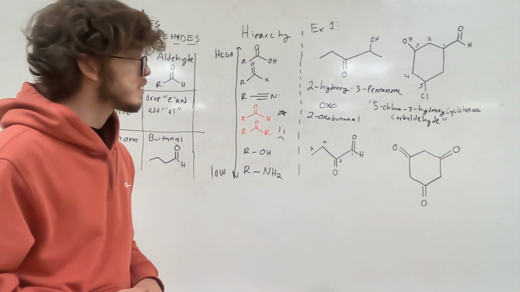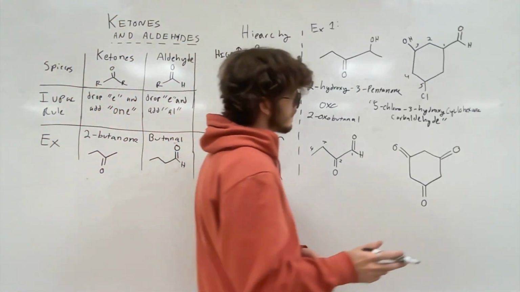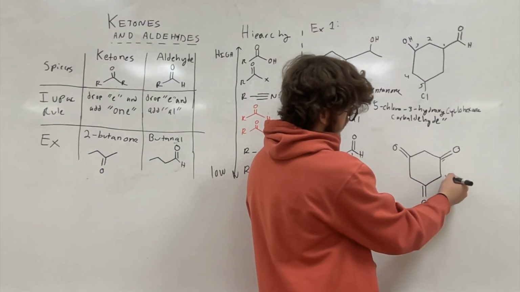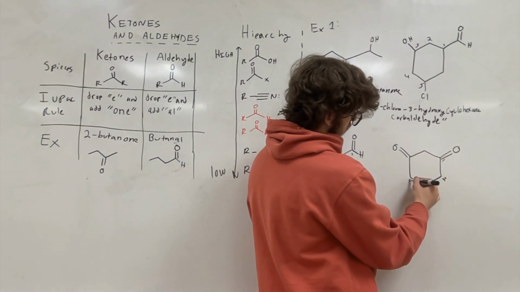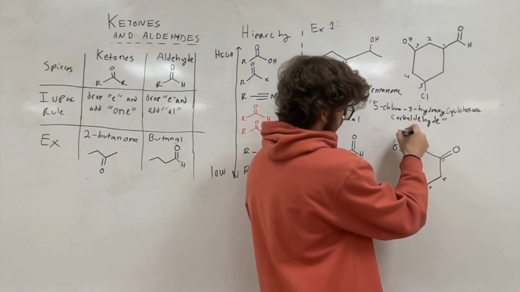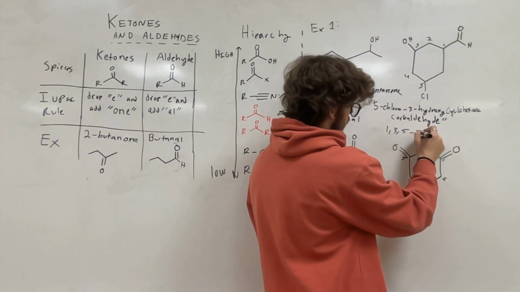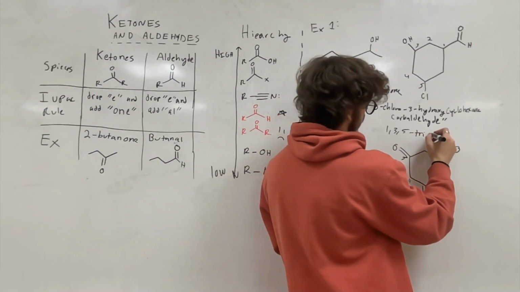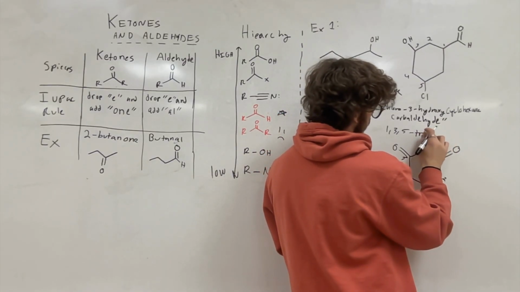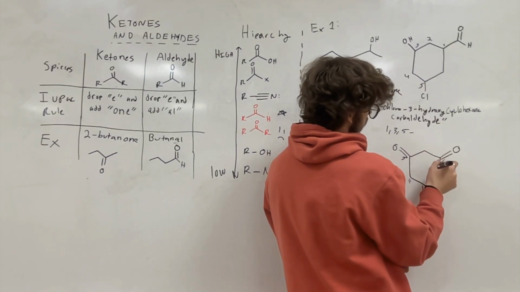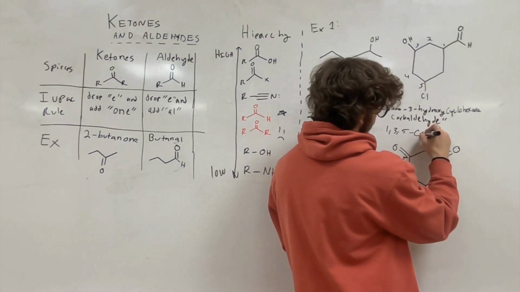Now what if we have, for example, 3 ketones? Well, how do we name this? Pretty simple. Since there's symmetry, it doesn't matter which way we go. So we'll go 1, 2, 3, 4, 5. So we'll say 1, 3, 5. You need to go 1, 2, 3, and then it's cyclohexane.